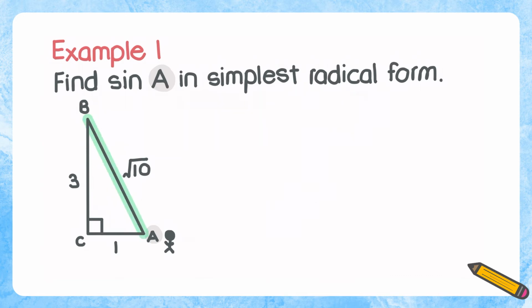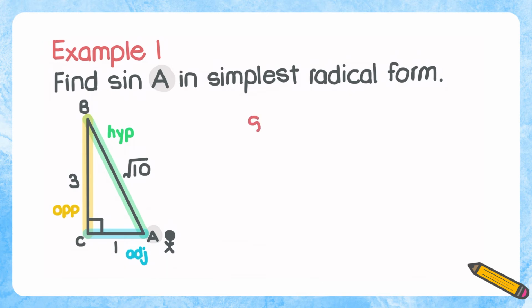This side is my hypotenuse since it's across from the right angle. And then side BC is my opposite side since it's across from where I'm standing. And lastly, side AC or side CA is my adjacent side since I'm standing right next to it.